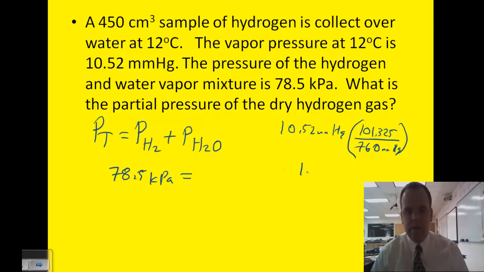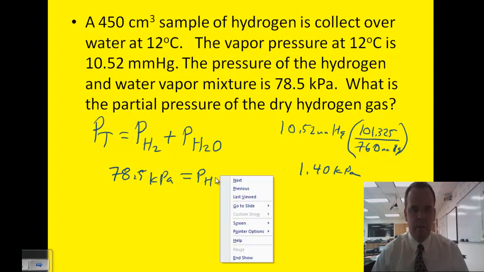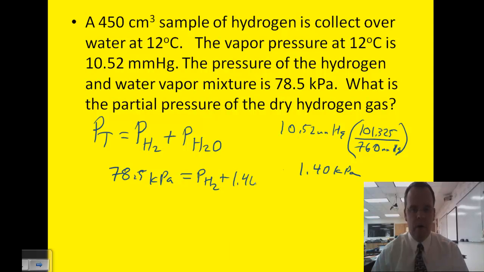So we get 1.40 kilopascals. So the pressure of hydrogen plus 1.40 kilopascals equals 78.5. So we subtract 78.5 minus 1.40, and we get 77.1. So the pressure of hydrogen here would be 77.1 kilopascals.